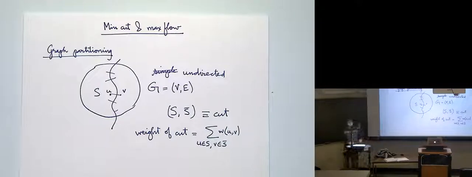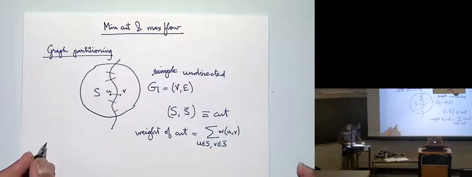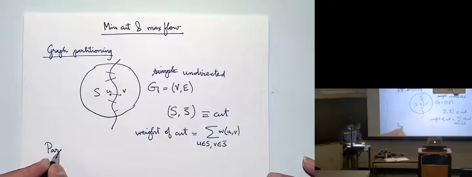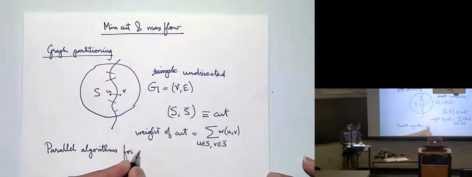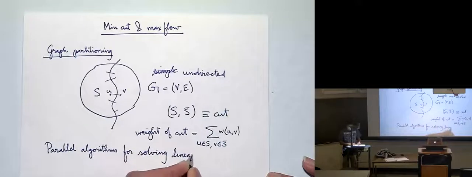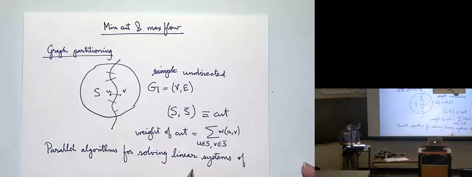So where does this occur? Initially, at least, one of the places where it occurred was parallel algorithms for solving linear systems of equations.